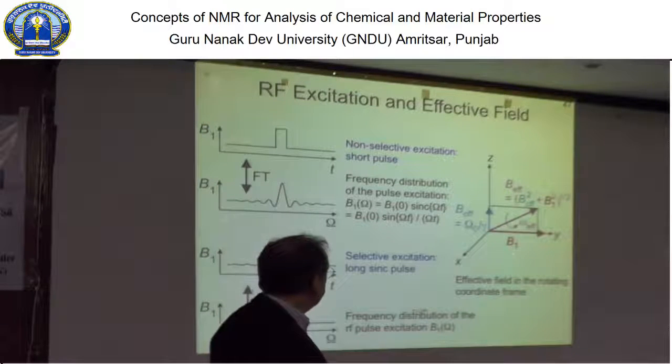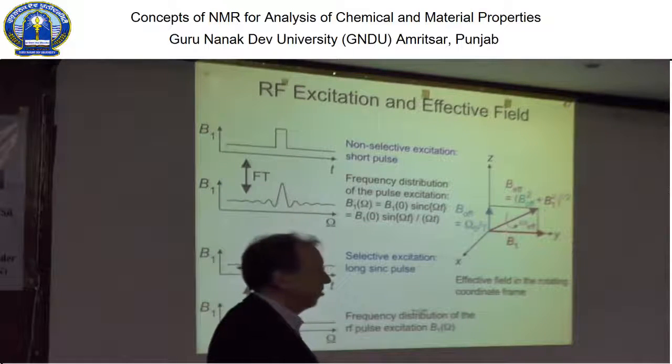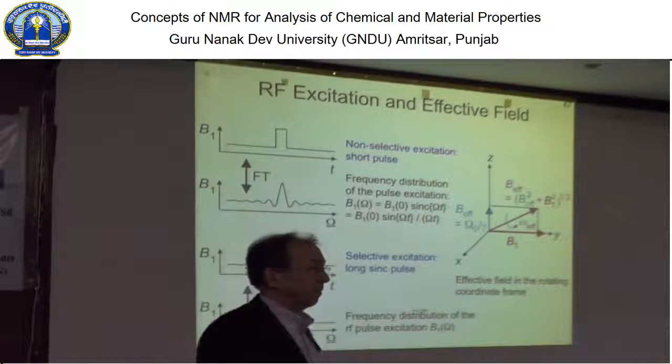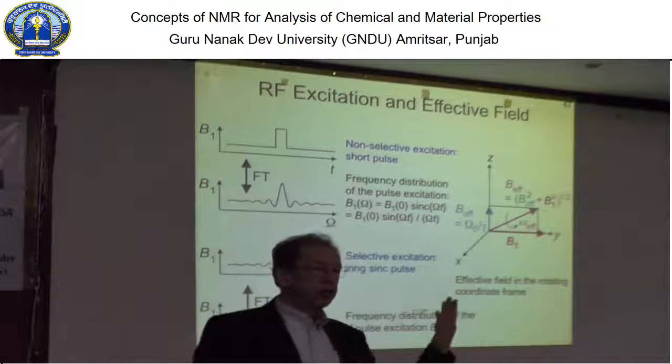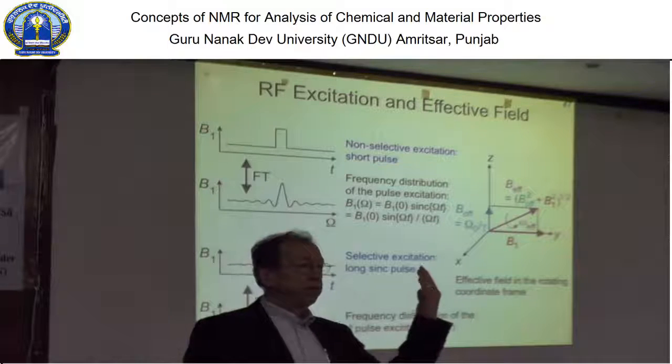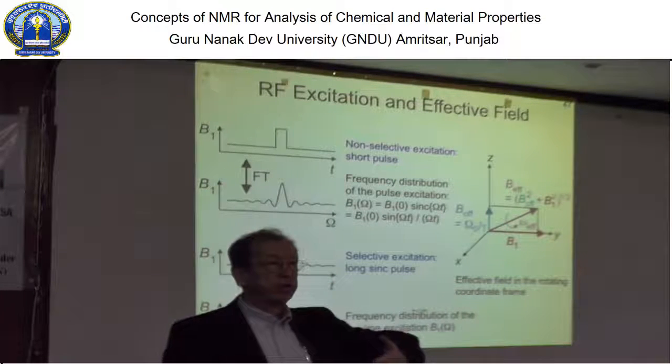Now what happens when your B1 field is very small? You make that arrow very short. Then the effective field points along that direction. You can see there's a critical angle at which you cannot rotate the magnetization anymore into the transverse plane.